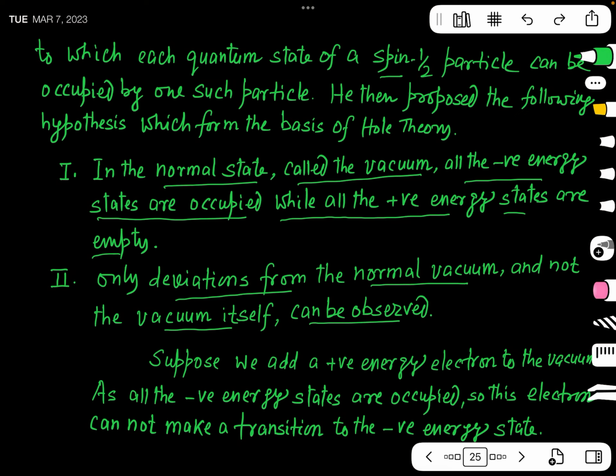Okay. Now let us consider that we incident an electromagnetic radiation on the negative energy state of the electron. And suppose we add a positive energy electron to the vacuum. Okay. And as all the negative energy states are occupied, this electron cannot make a transition to the negative energy state. What does it mean?